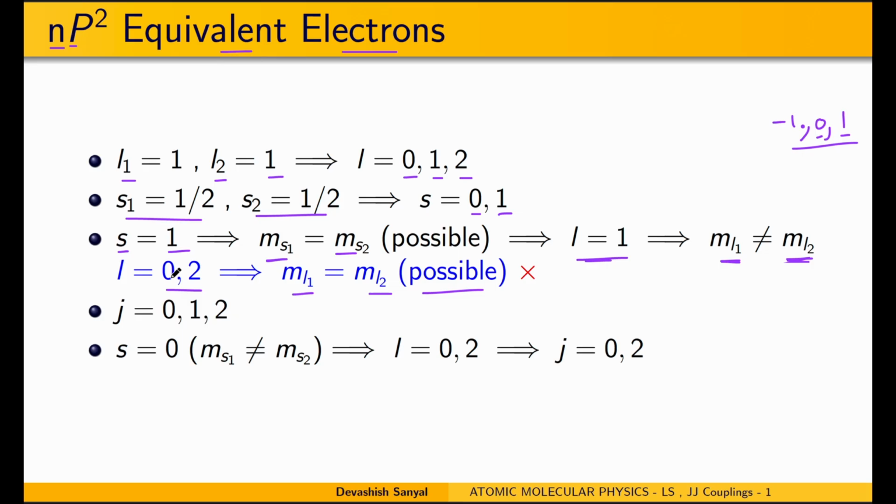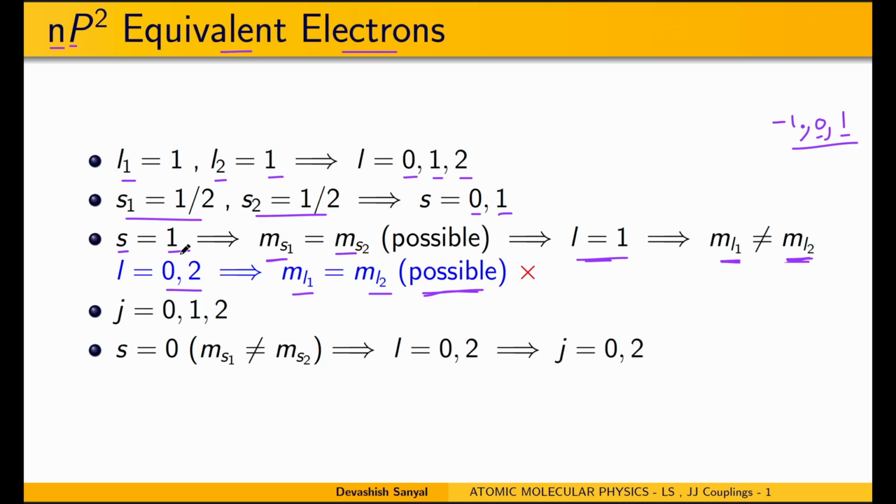In this case, for L is equal to 2, it's possible that the orbital z component of both electrons is plus 1 and plus 1, or minus 1 and minus 1. So ml1 is equal to ml2 is a possibility, and since it's a possibility, when S is equal to 1, L is equal to 0 and 2 cannot happen.